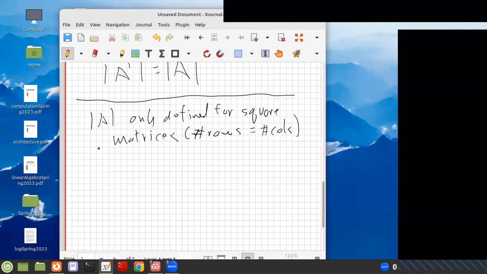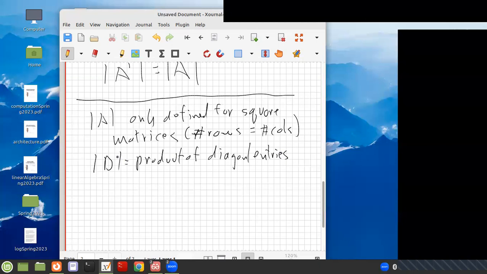The determinant of a diagonal matrix, where the only non-zero entries are along the long diagonal, equals the product of the diagonal entries.